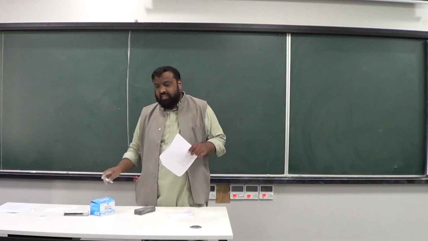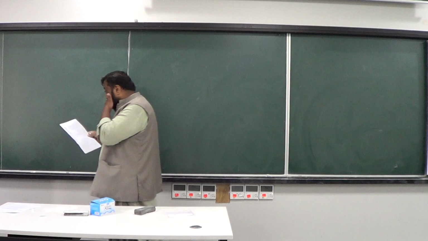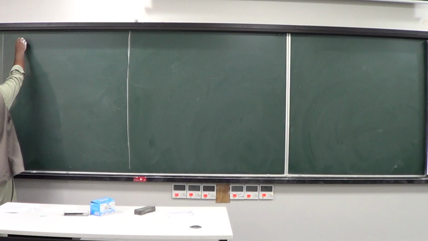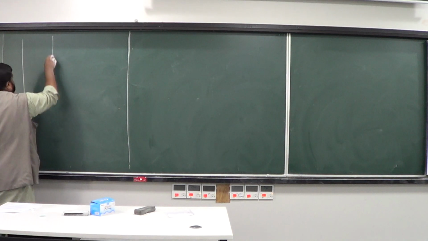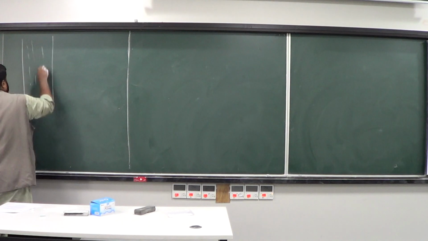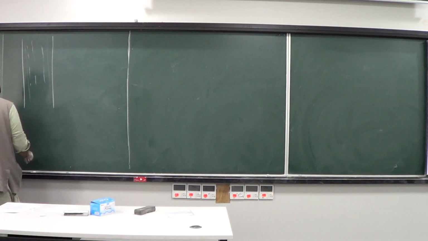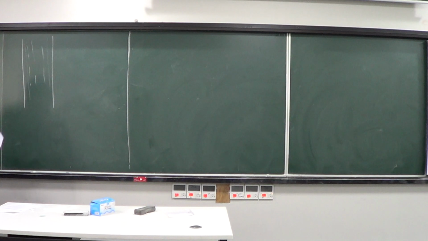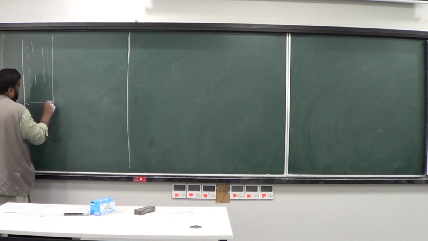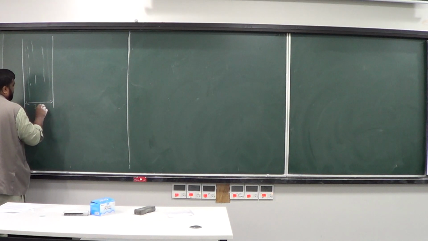So the problem goes like this. Imagine we have a river. This is a river in which water is flowing. And imagine that the width of the river is 3 kilometers.